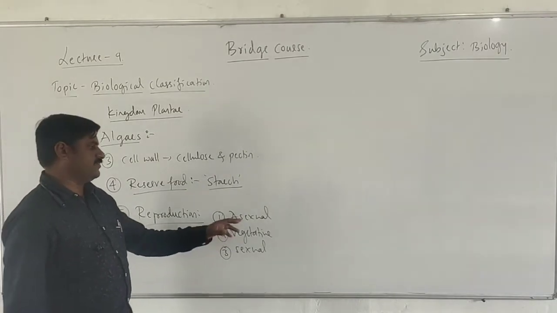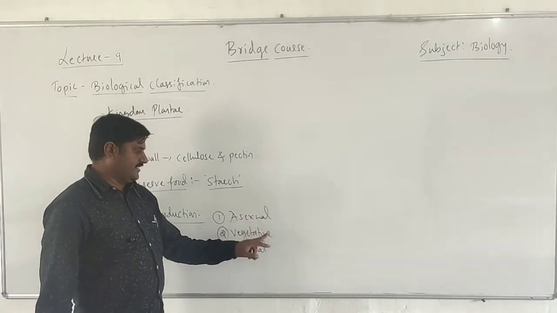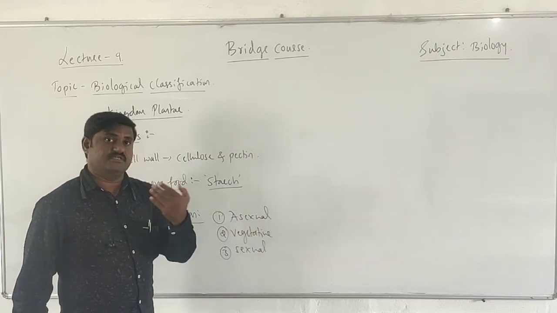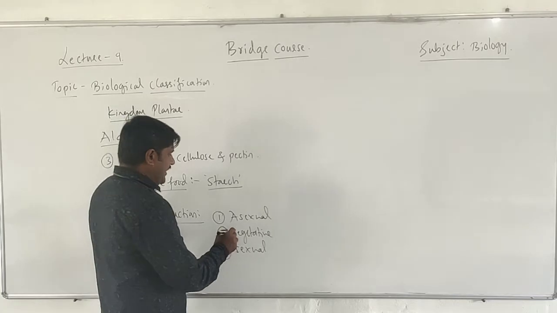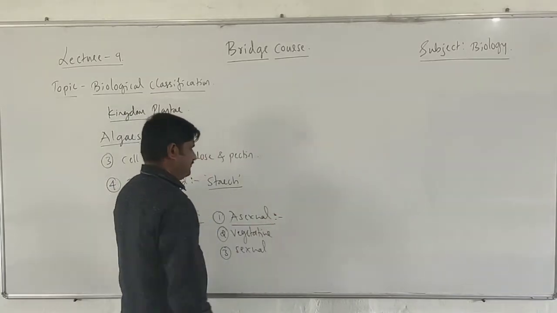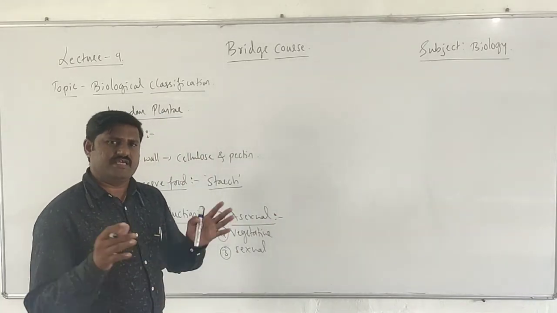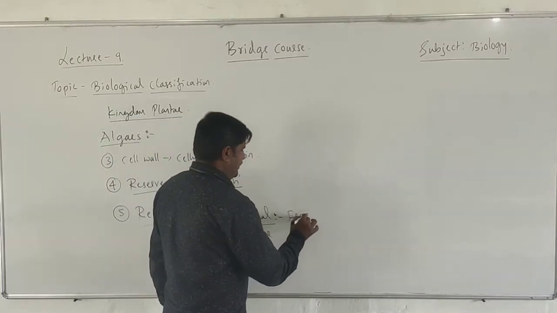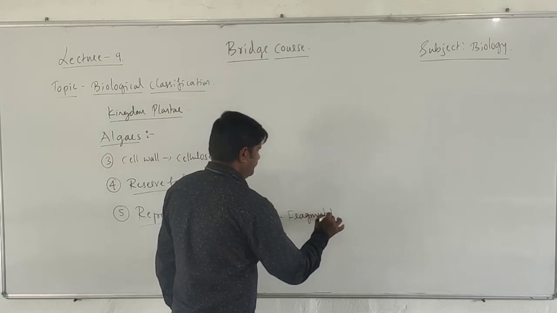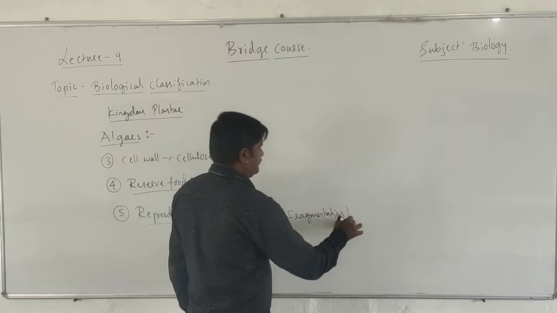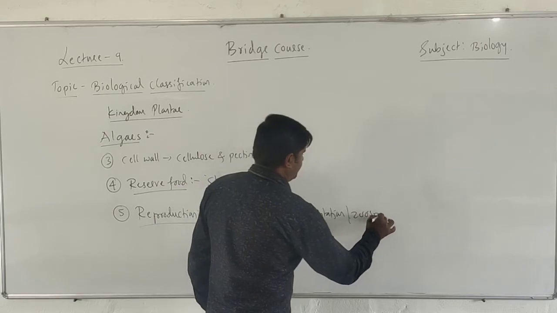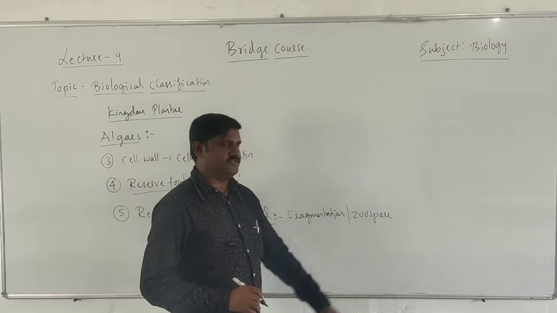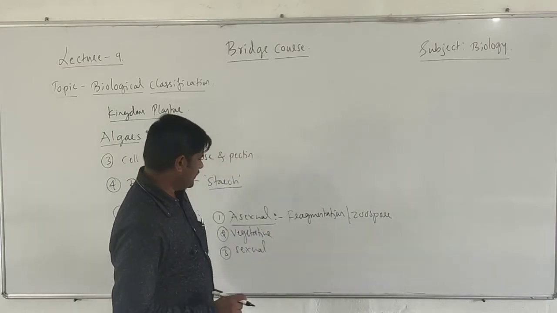I have already explained in the previous videos what asexual and sexual reproduction are. Vegetative reproduction is a new one, right? So asexual reproduction takes place by various methods, in the sense of fragmentation and zoospore formation. From these zoospores the reproduction takes place, right?